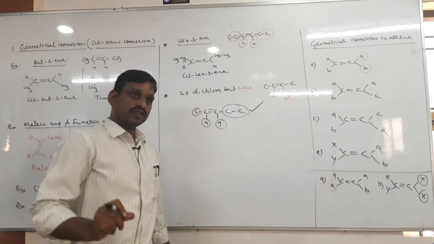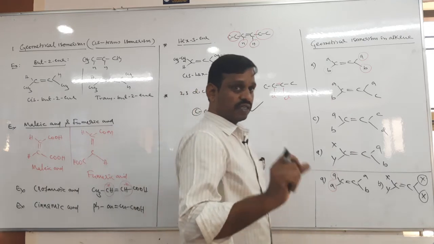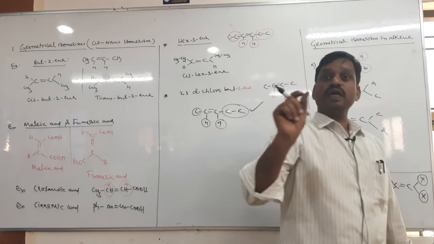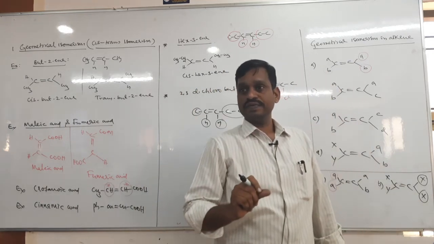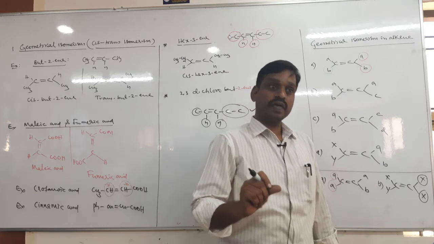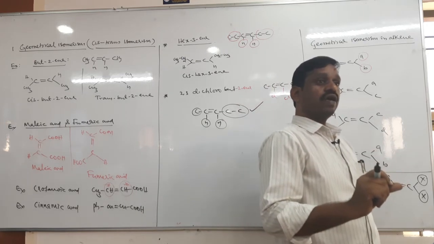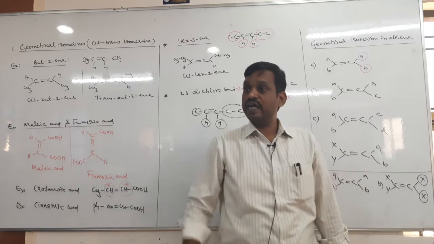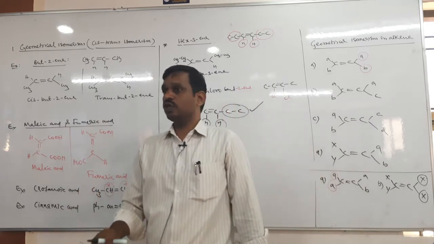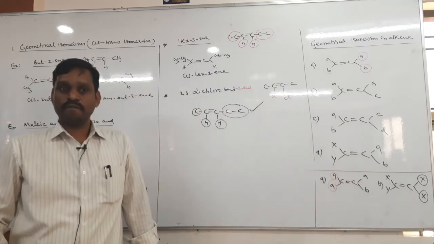Okay, next. In alkenes, if there is a double bond on the ending carbon, can it exhibit geometrical isomerism? If the double bond is present on the ending carbon or first carbon, geometrical isomerism is not possible. Very well known.